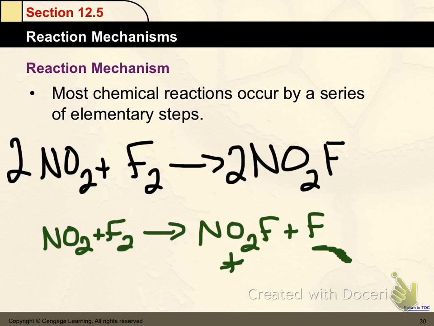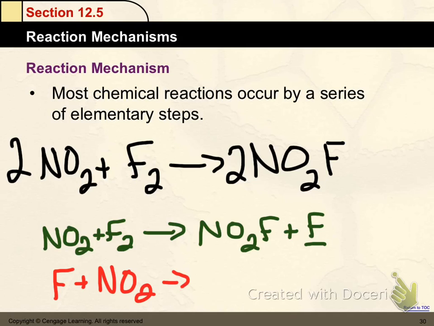So something has to happen to coerce this fluorine atom to say, yeah, I'll go ahead and bond and make the final product. And that's where the second elementary reaction comes in, and it looks like this for this reaction. It's the fluorine plus NO2, and that actually yields again NO2F.